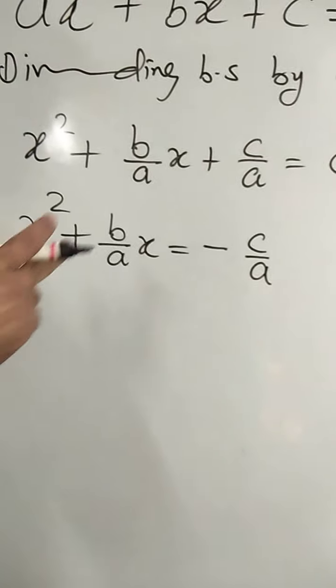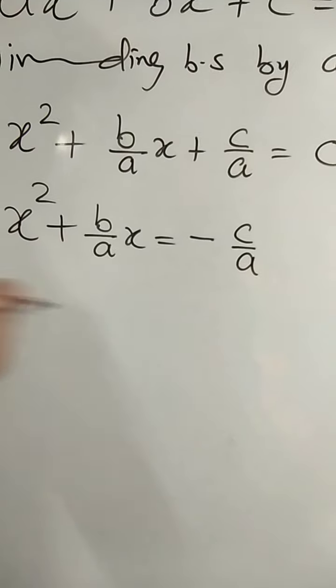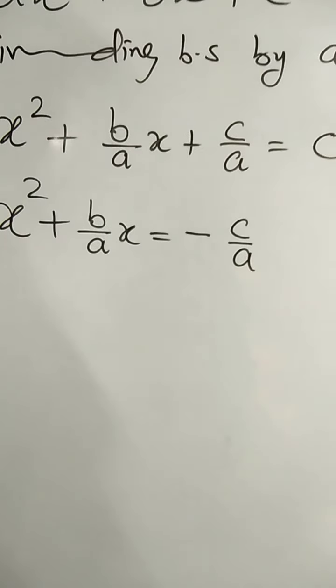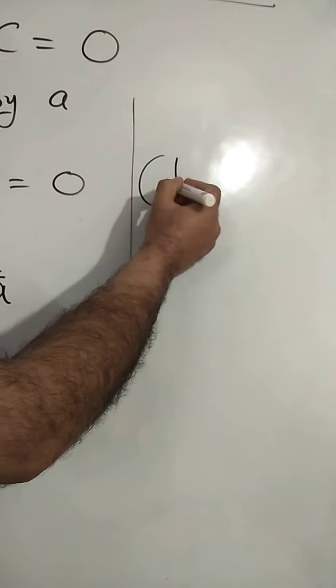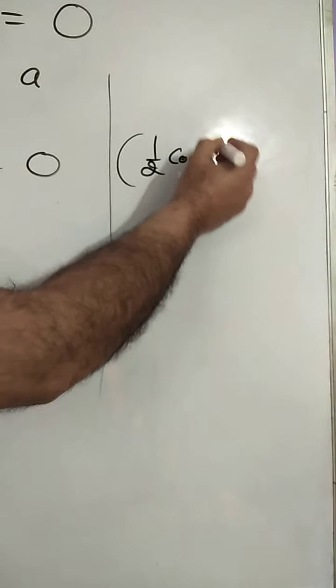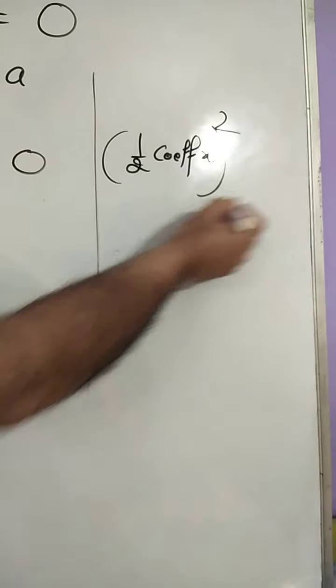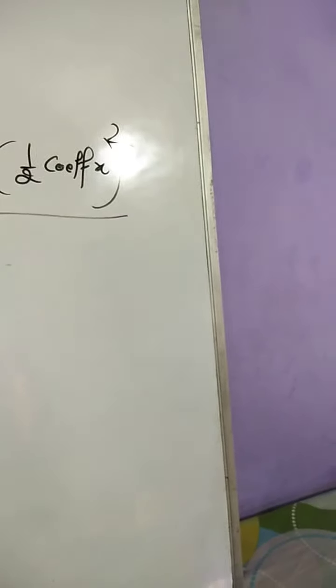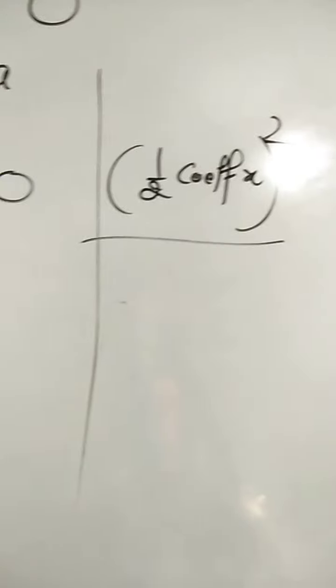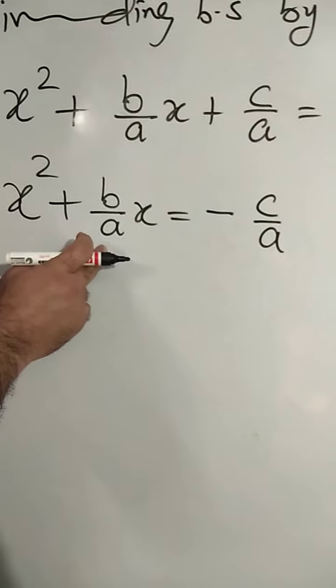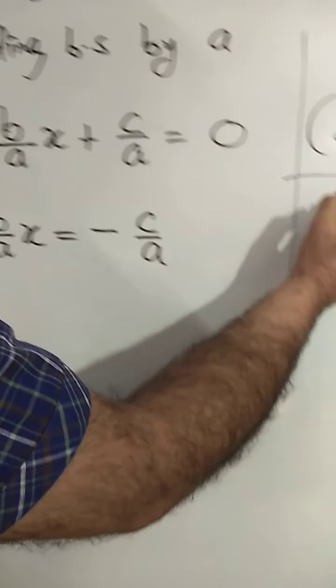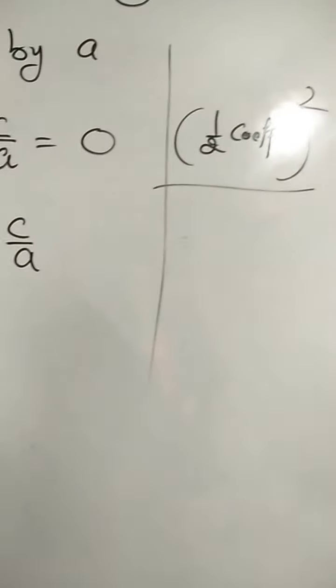Now you know what we do. We add one term on both sides. If you remember, how do we select that term? We take half the coefficient of x and its square. Square of half the coefficient of x. Here in this equation, what is the coefficient of x? B over a. Remember, I have told you how to take half of any number.